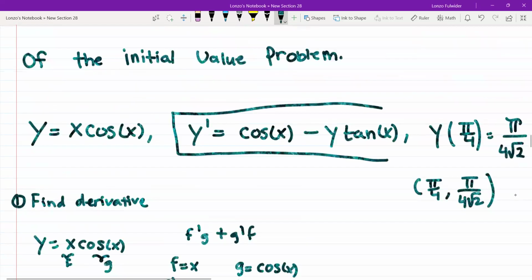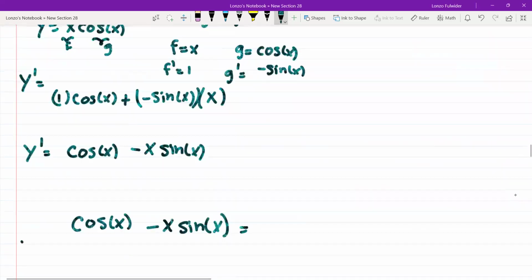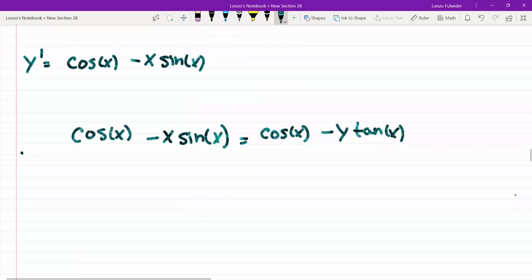equals the right side. So it's cosine x minus y tan of x, right? Could we simplify the right side a bit? Yes.